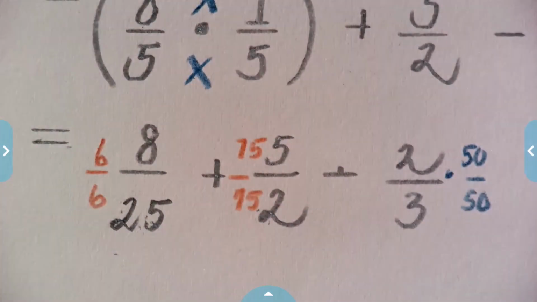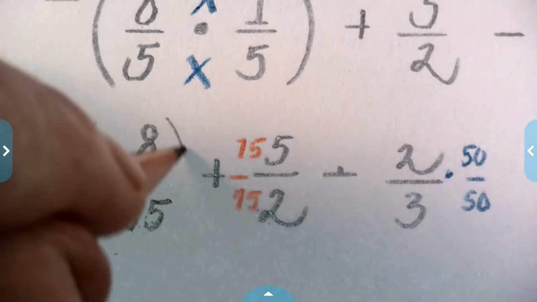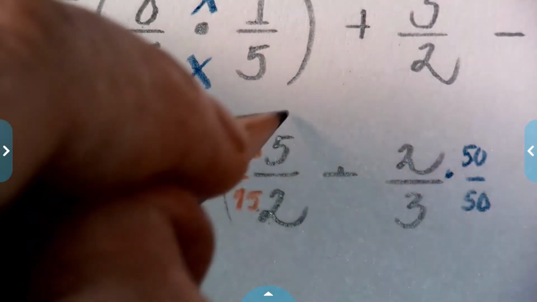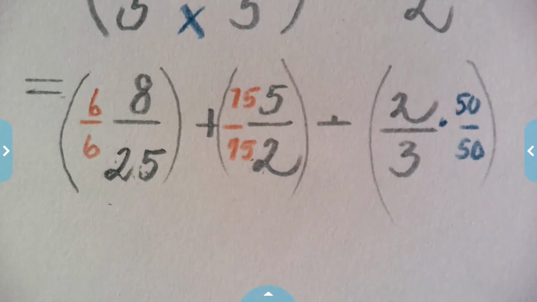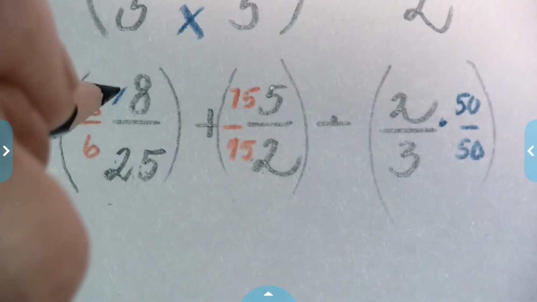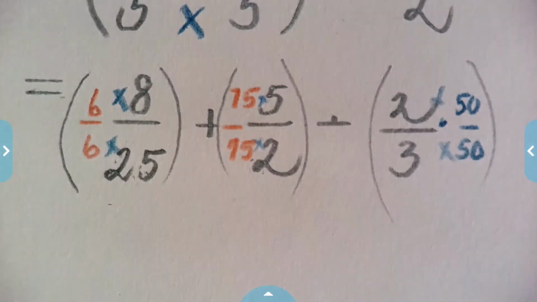Okay. Now these have all suddenly become little math problems that we got to do. All right. And you're just multiplying across the top and across the bottom. Okay. Remember, the goal is to get 150 in the denominator.